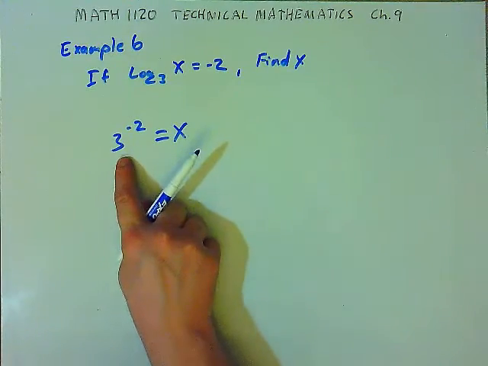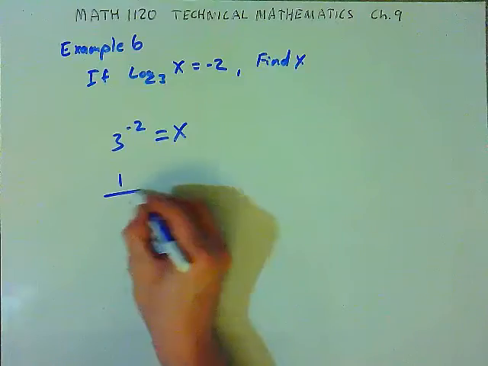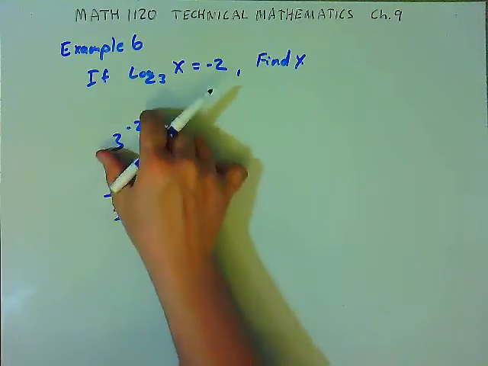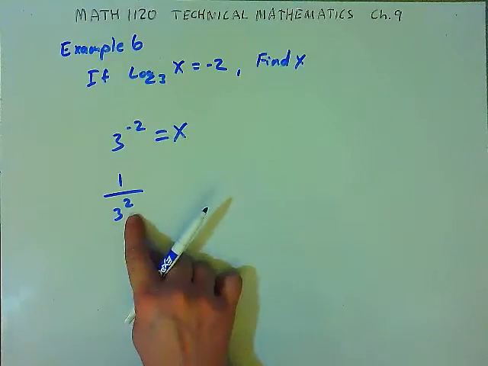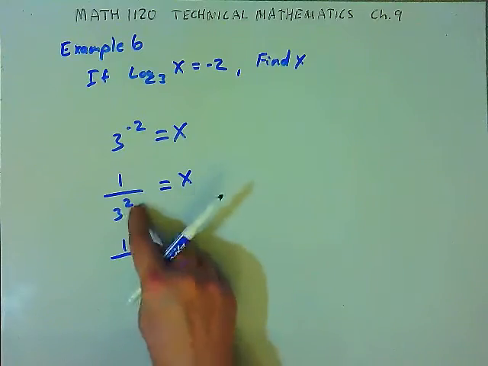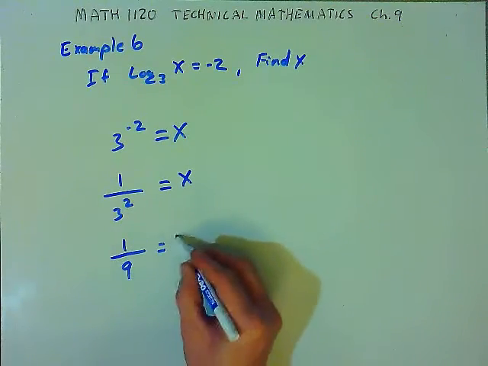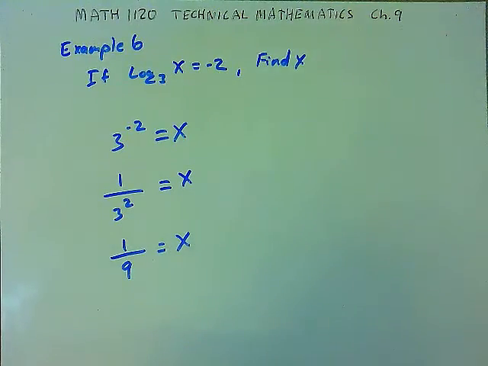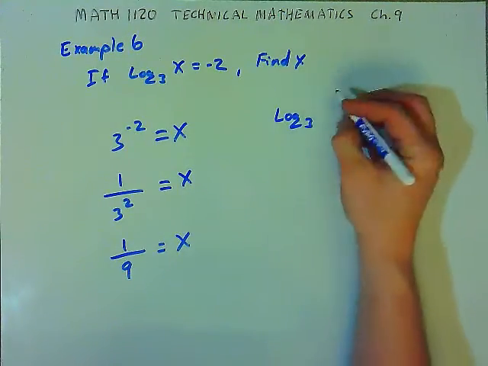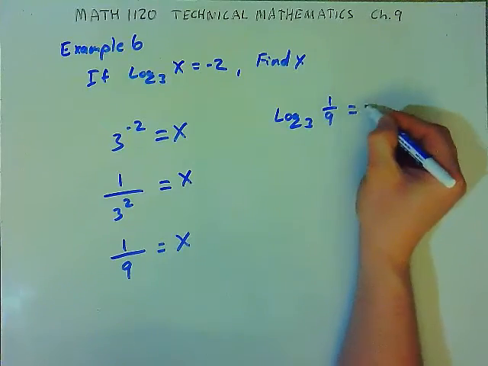When the exponent is negative, it's the same thing as 1 over 3 squared. So if we have a negative exponent, we can move all of this to the denominator and change the exponent to a positive. And this will give us the value of x. And so 3 squared is 9. x must be equal to 1/9. And so this is saying that the log base 3 of 1/9 is equal to -2.